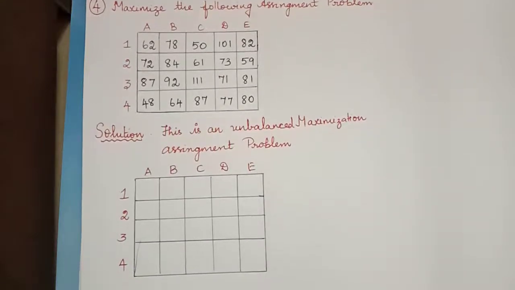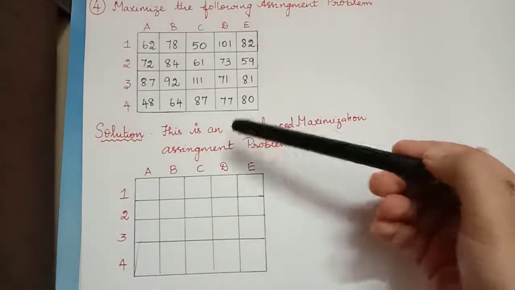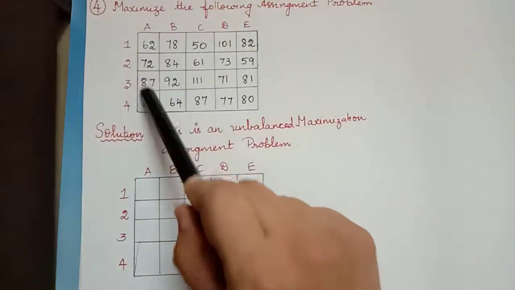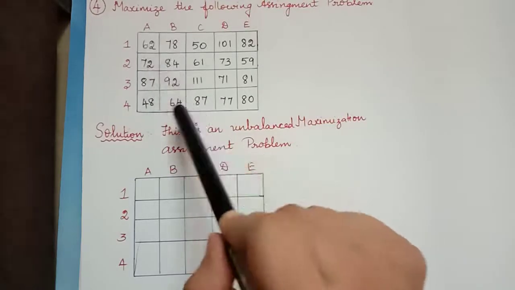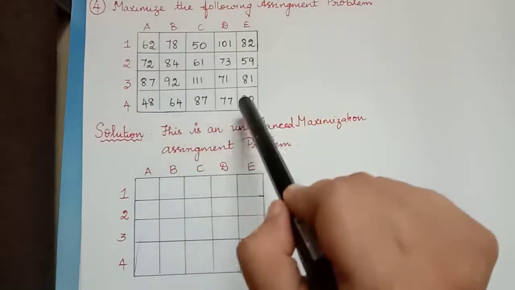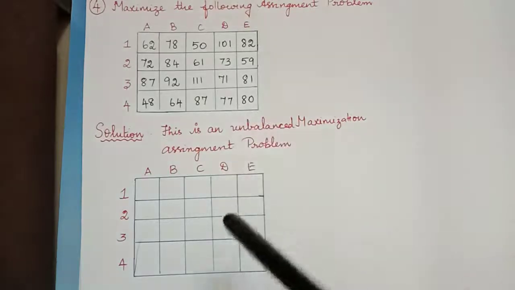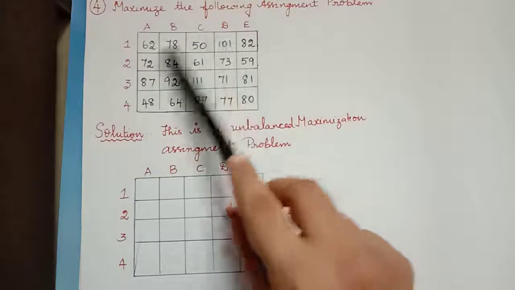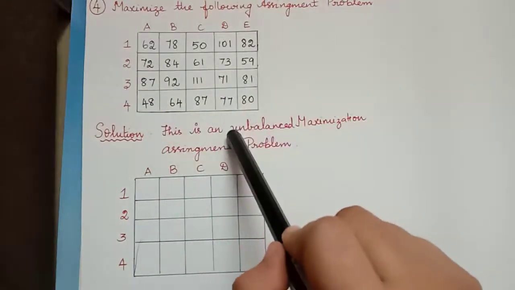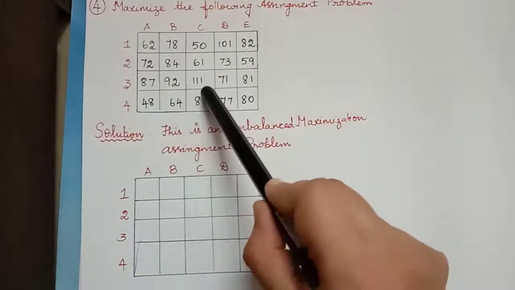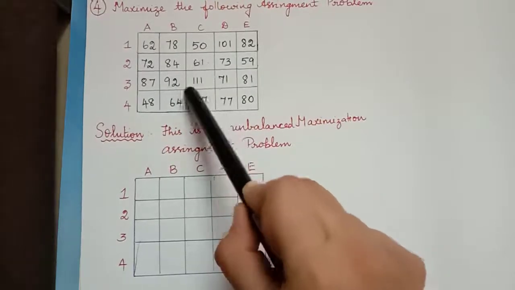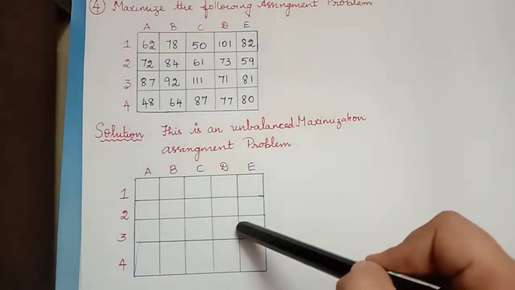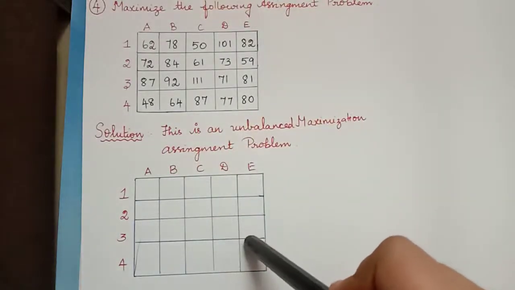Now first, when we convert this profit matrix into a loss matrix, we should select the highest element of all the elements and subtract the rest of the elements from the highest element, and we should form this loss matrix. Now here in this matrix the highest element is 111. So from this element we have to subtract the rest of the elements and fill the cells of this loss matrix.